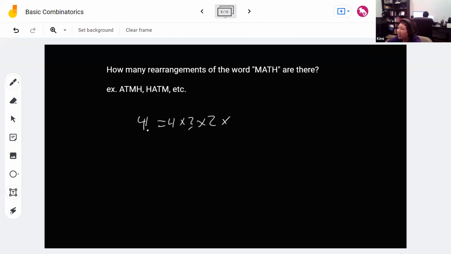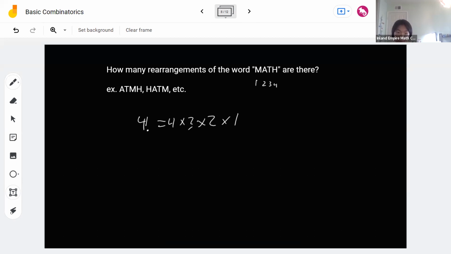If we do 4 times 3 times 2 times 1, it's basically like we have 4 spots. We choose 1 for the first one. Then we only have 3 left. We choose another one. We only have 2 left. And then etc. Yeah, you got it. Everyone else understand this logic?